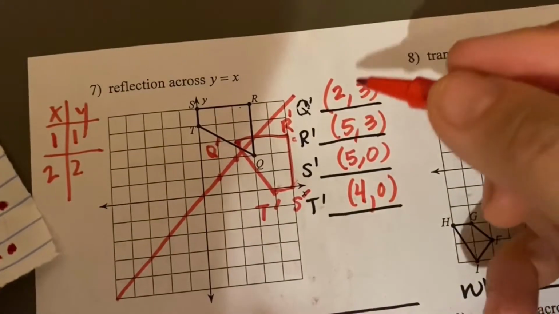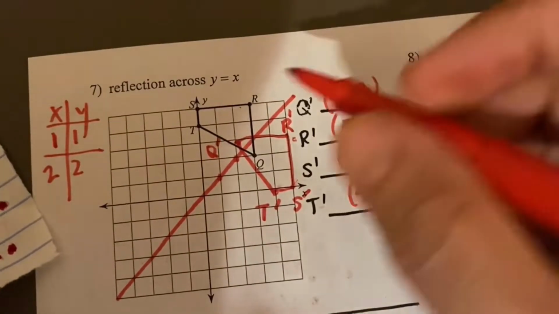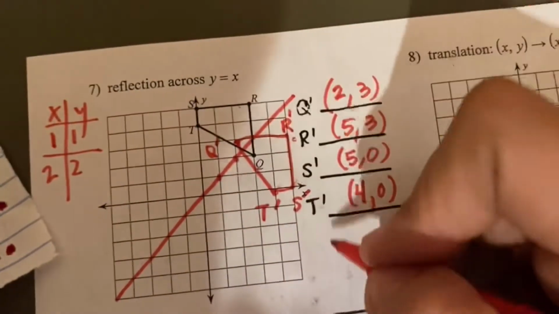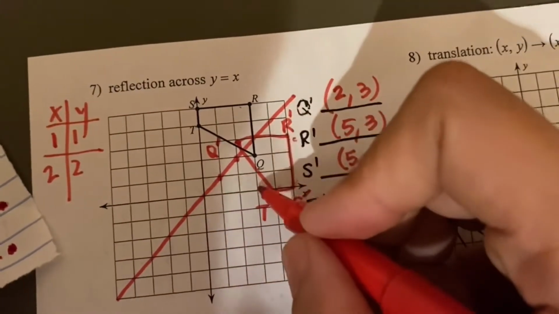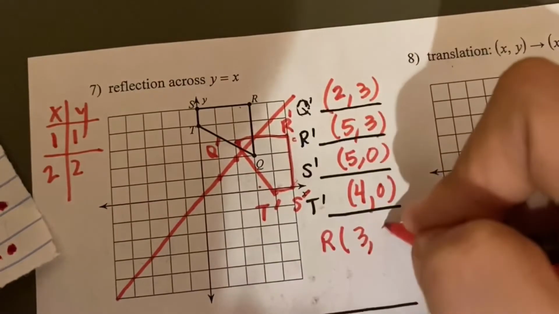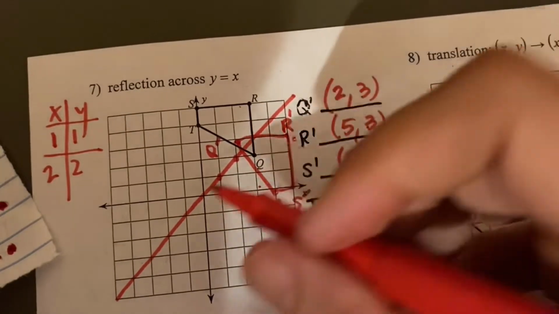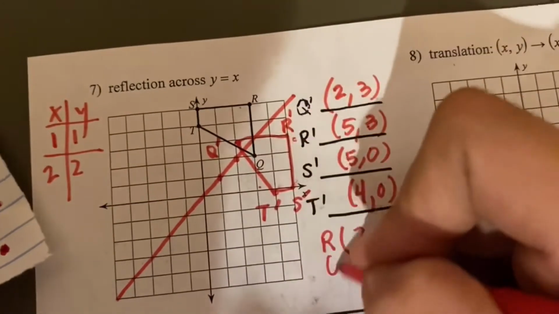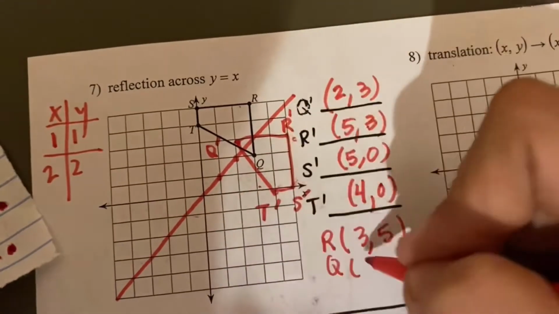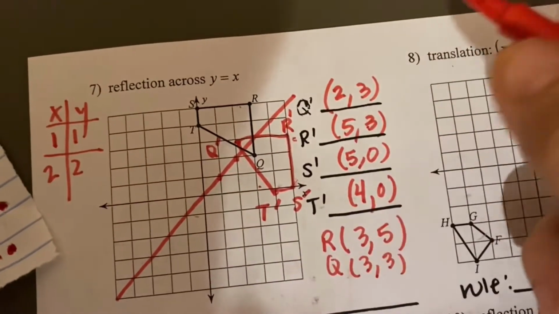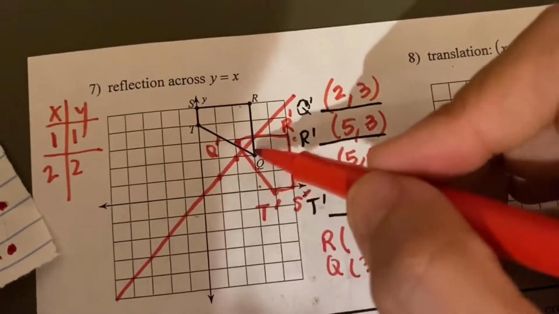Awesome. Let's write a rule. But we got to figure out what it was to begin with. So what was R before? 3, 5. So what happened? Looks like they just swapped. Let's see if Q did the same thing. Oh, Q is 2, 3.